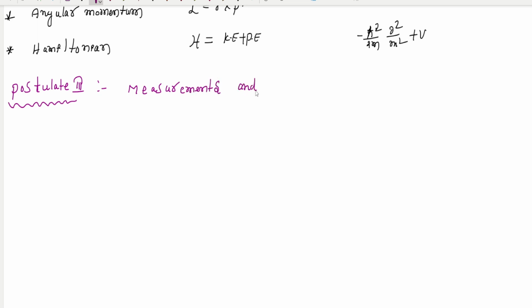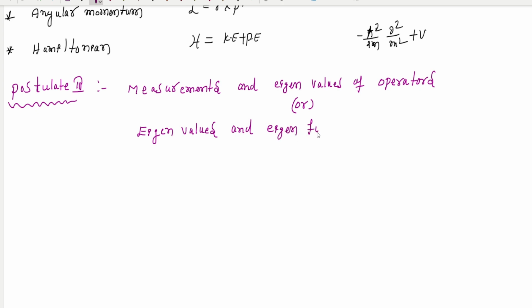Or we can write this in another form, eigenvalues and eigenfunctions of operators.